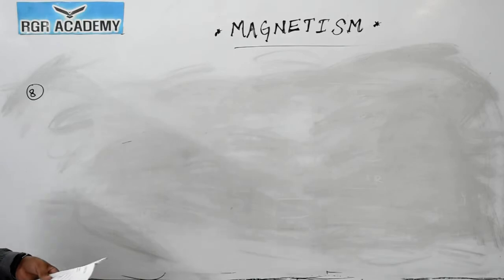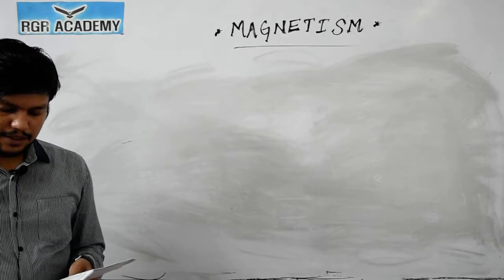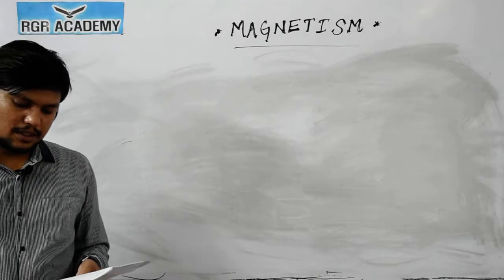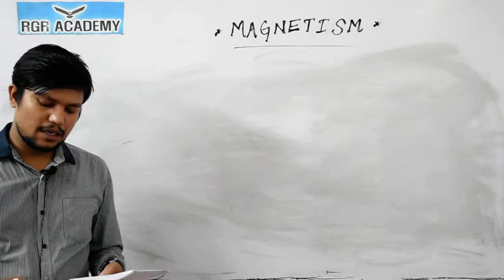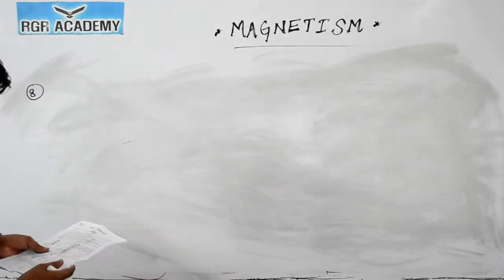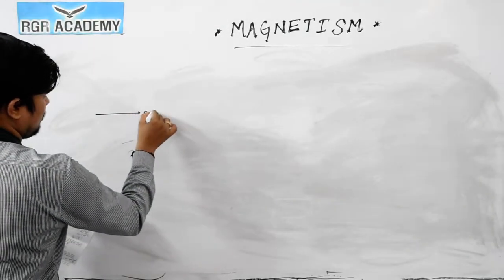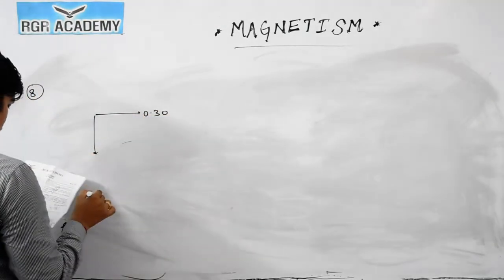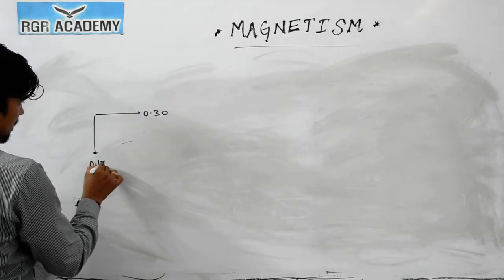So in question number 8, at a place the horizontal and the vertical intensities of the magnetic field are 0.30 Gauss and 0.173 Gauss respectively. The angle of dip at this place is, okay, so the horizontal component is 0.30 Gauss and the vertical component is 0.173 Gauss.